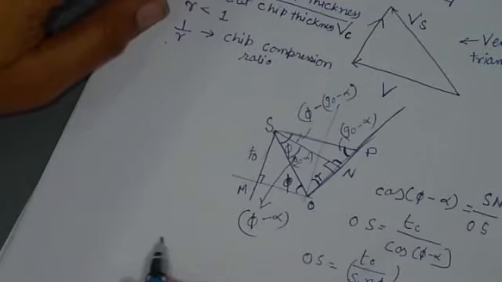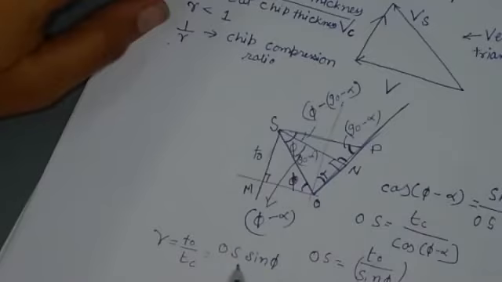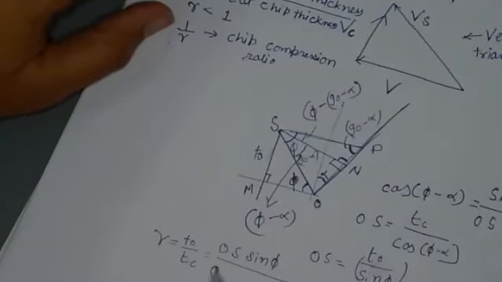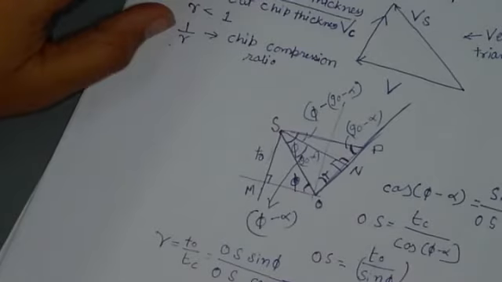So you can again write r, which is the ratio of T naught over Tc, as Os sine phi divided by Os cos(phi minus alpha), which you can again write like sine phi over cos(phi minus alpha). Again, we can further expand it.